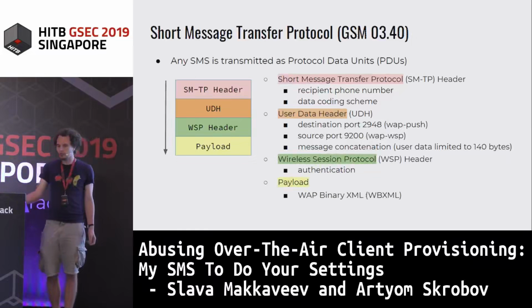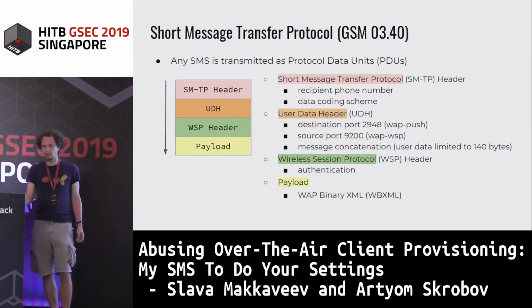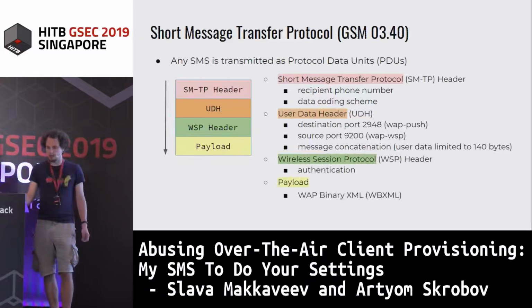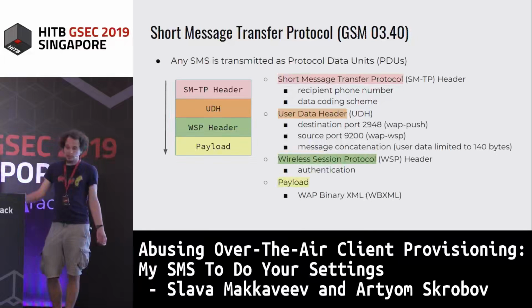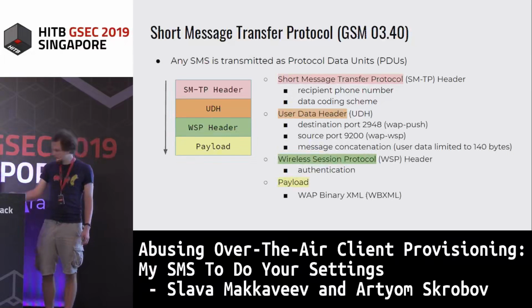And then at the top, the application layer, we have the payload, which for a simple text message would be just plain text in a specific encoding, or it can be a picture or a voicemail indicator, which is what you get when your phone tells you that you have new voicemail. Or for client provisioning, it can be an XML document encoded in a dense binary format called WAP binary XML.